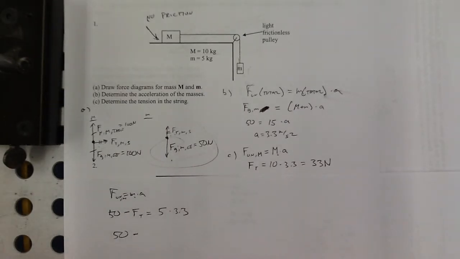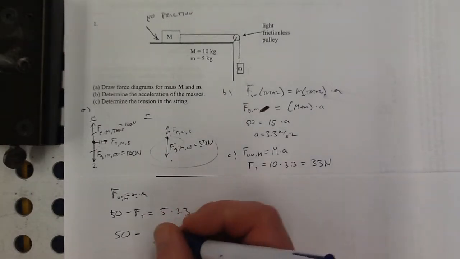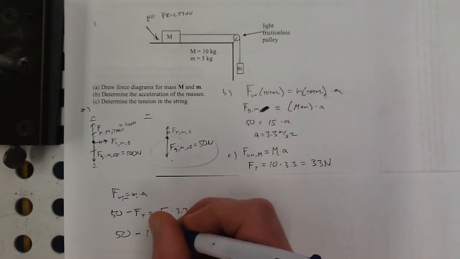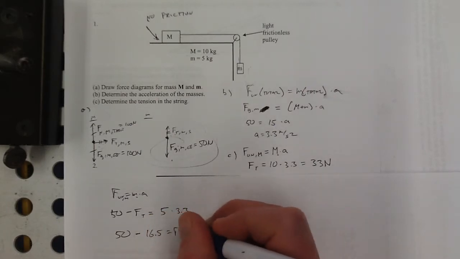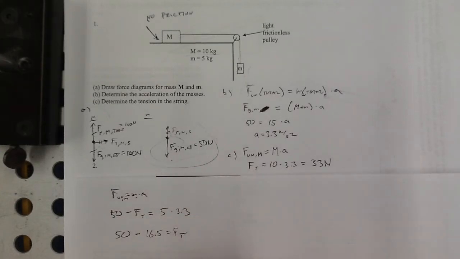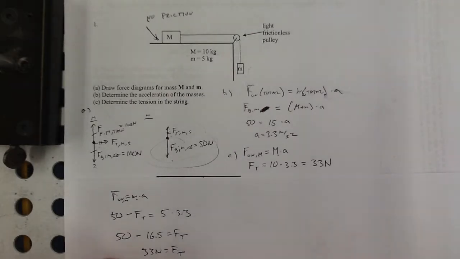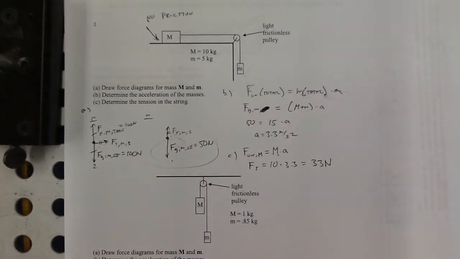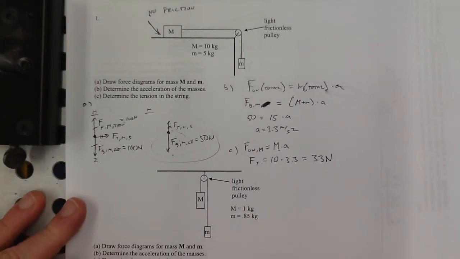I suppose it must be 16.7, right? 5 times 3.3 is 16.5, equals force of tension, and then I do the math here, and if I round to the nearest newton, I get 33. So you get the same answer either way. Doesn't matter which one you use. You can use either one, or you can do both if you want that good feeling, knowing that you did it right.